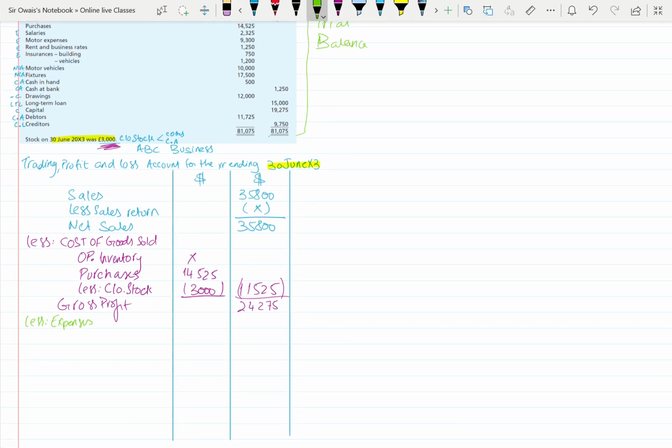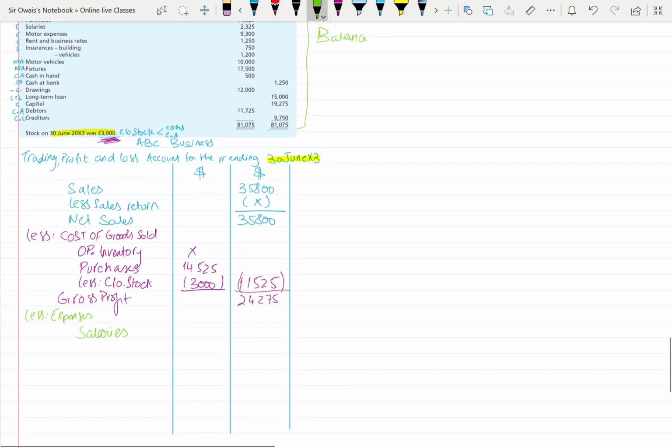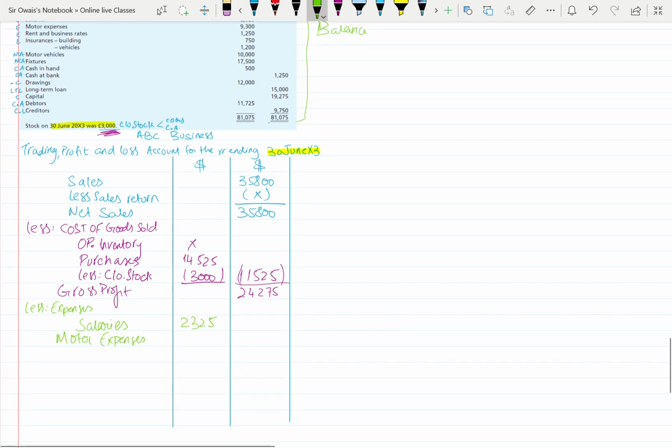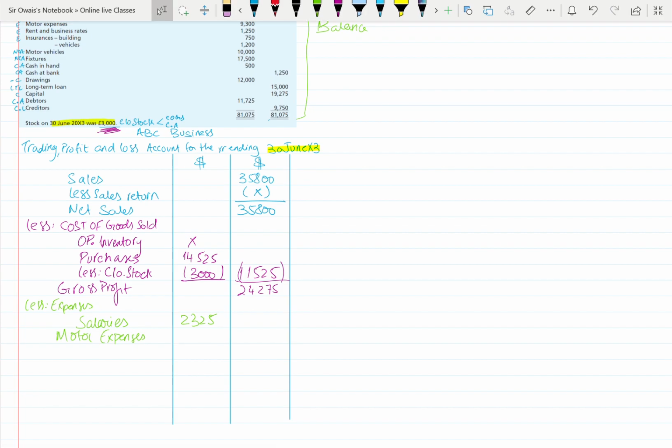Okay, so expenses are salaries. Salary is 2325. Then we have motor expenses. The motor expenses are 9,300. And then we have rent and business rates.